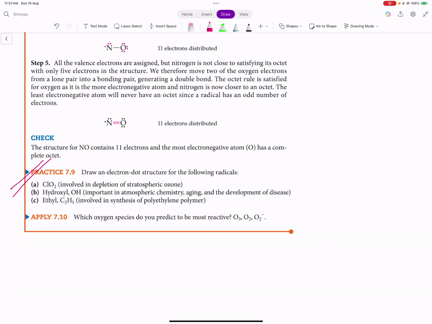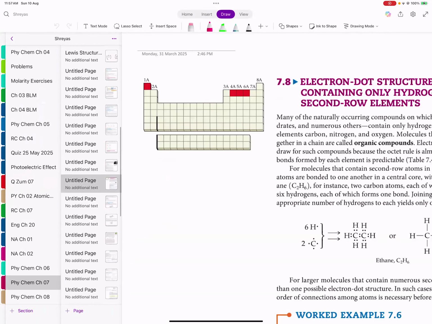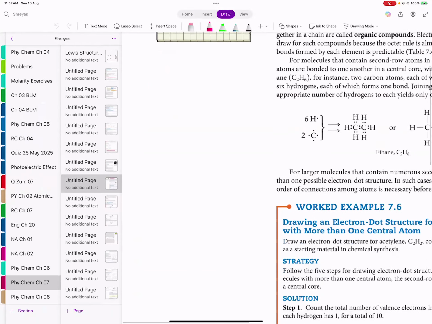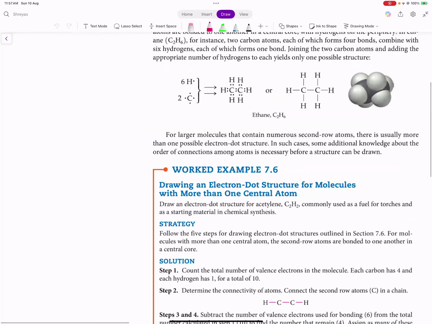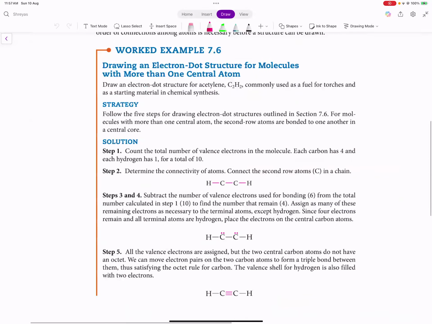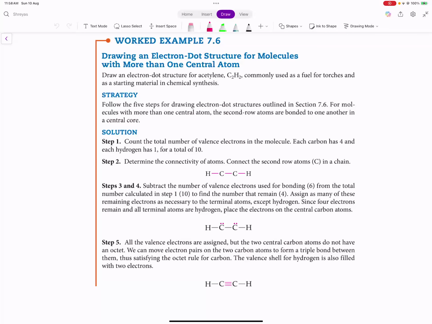Sir, I don't know. O2 minus, it is charged. Okay. Then for group 2, for a carbon containing compound, only carbon and hydrogen, we draw it in the same manner. Just try to draw C2H2 following our rules and then we'll see.